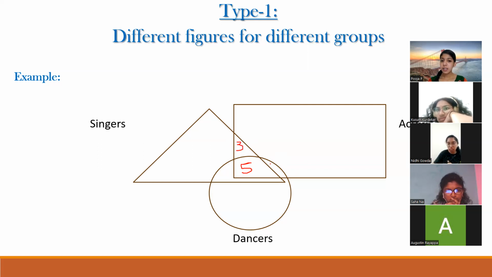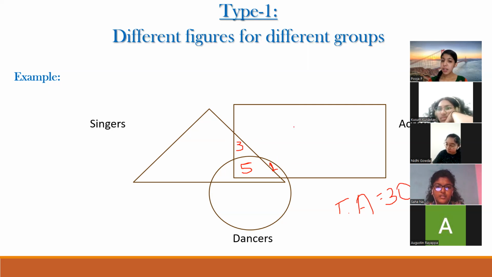And actors and dancers, let us take only 1. But the total number of actors given is 30, for example.